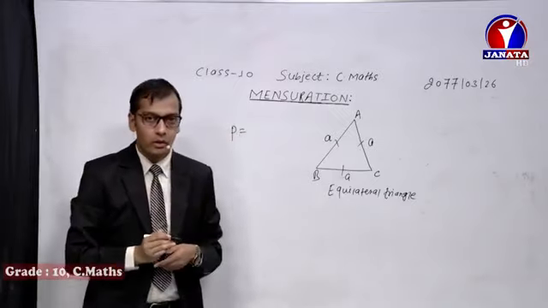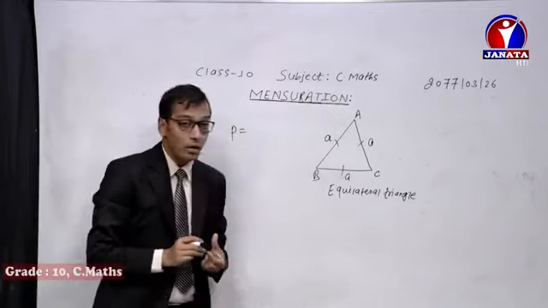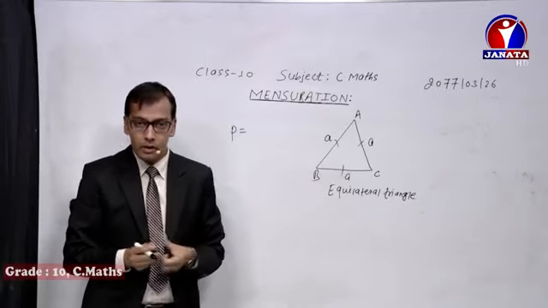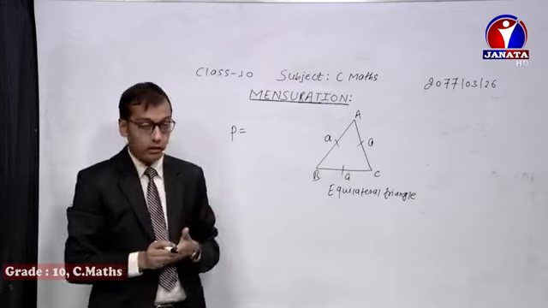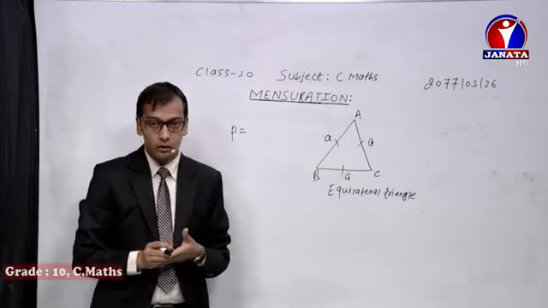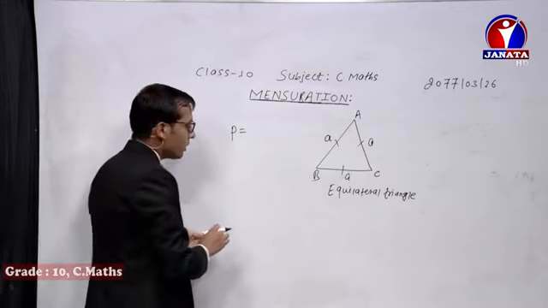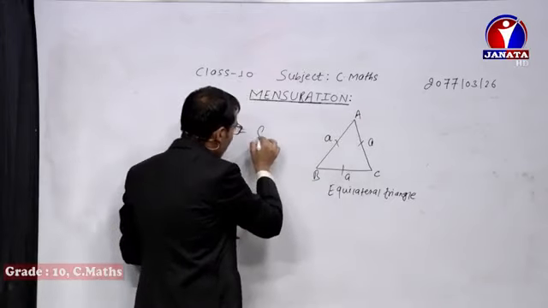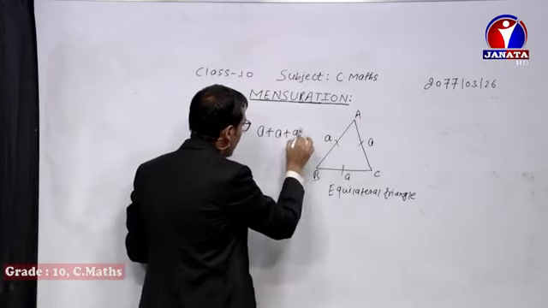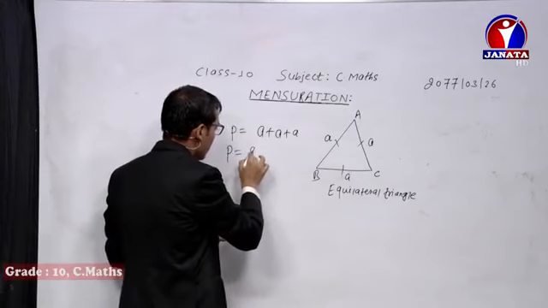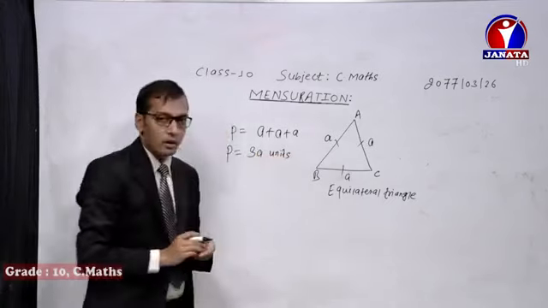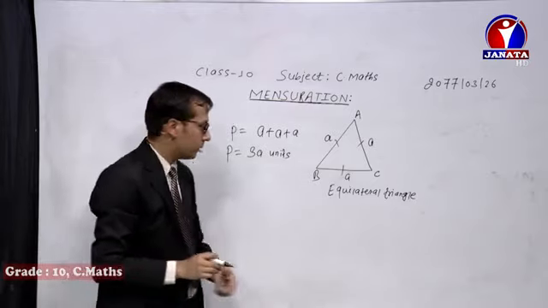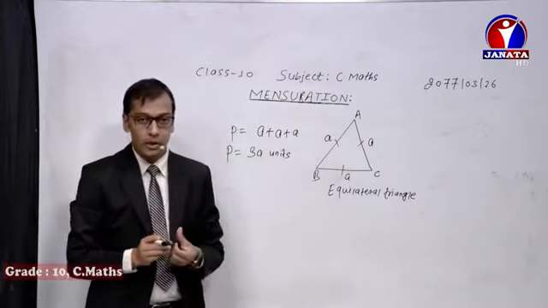In case of plane surface figures, we talk about perimeter and area because these are two-dimensional figures. So here perimeter is the sum of three sides, so A plus A plus A, perimeter is 3A units. So the unit of perimeter is the same as the unit of length of a side.